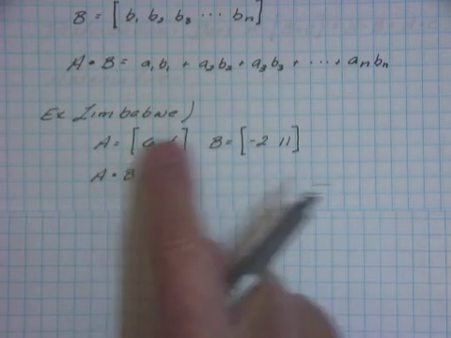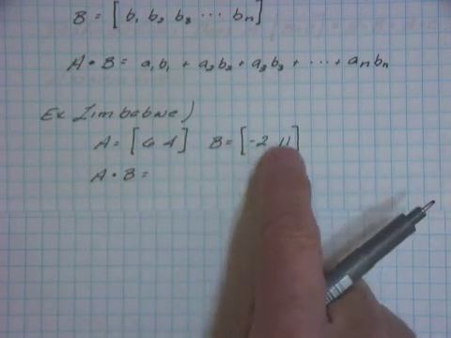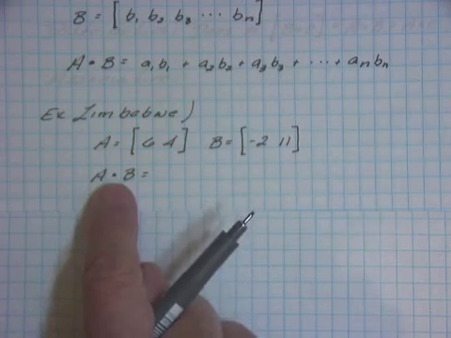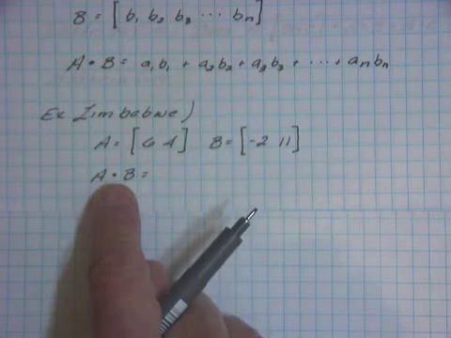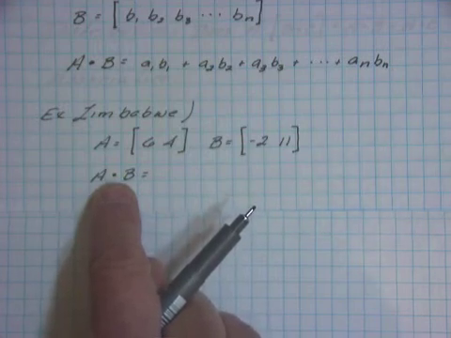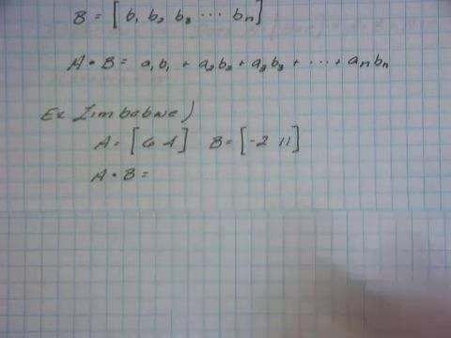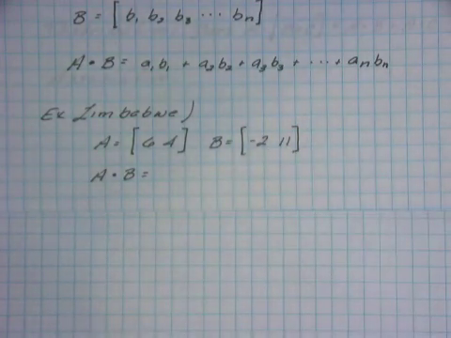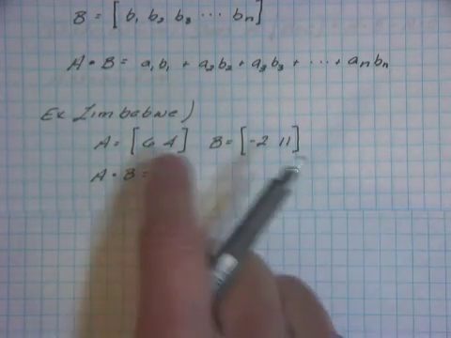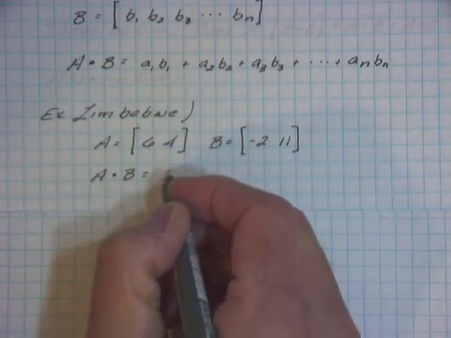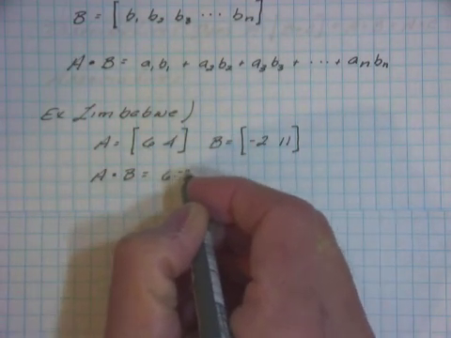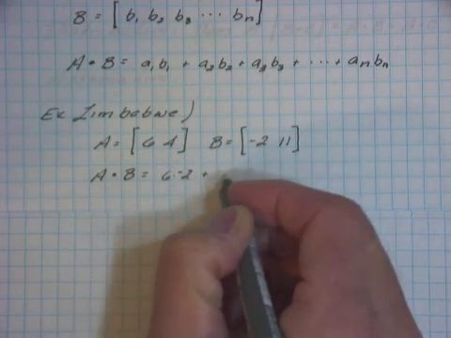Okay, so I've got the matrix 6, 4 and the matrix negative 2, 11. So the dot product, and let me just point out that the dot between the A and the B is a little bit bigger than the dot you use for multiplication. It's like that dot but in bold. But anyway, to get the dot product of A and B, you just take the first entries and you multiply them.